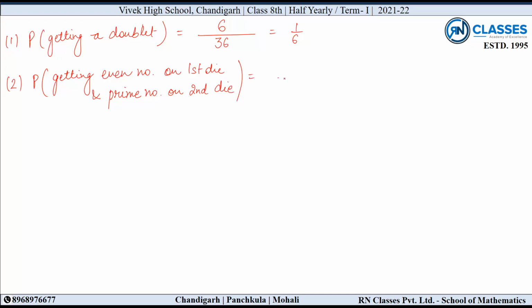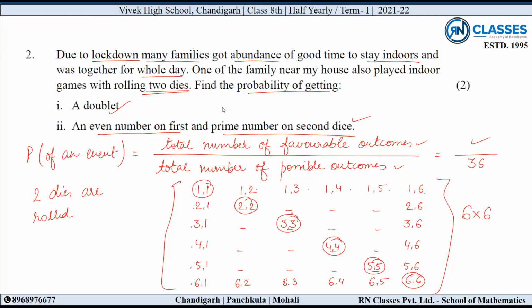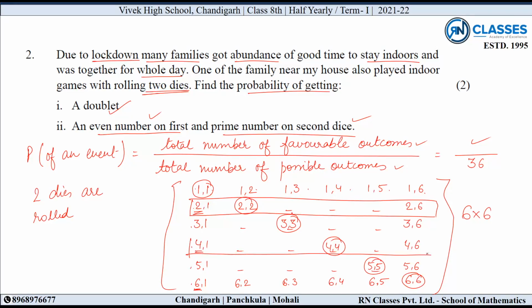Now total number of possible outcomes we know it would be 36. अब फेवरेबल ही निकालने हैं सिर्फ. इवन ऑन द फर्स्ट, इवन कहां आएगा? दिस इज इवन, दिस इज इवन, दिस इज इवन. राइट? तो इसकी लाइन में सारे जितने भी हैं, इस लाइन में, इस लाइन में ये सारे फर्स्ट डाई इज इवन.